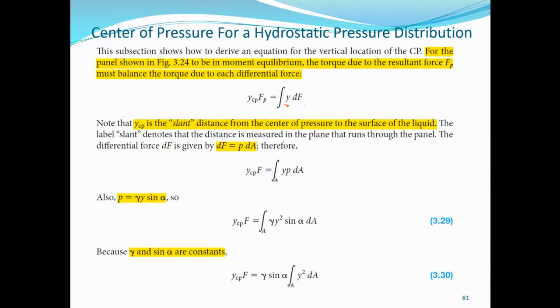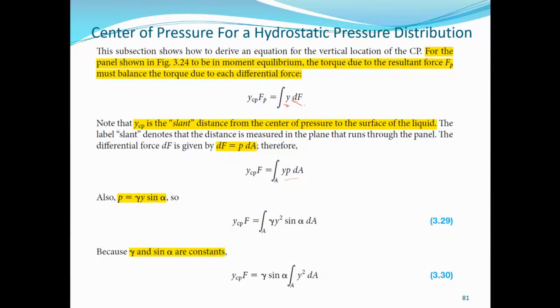The differential force dF is equal to P dA, because the pressure force is the pressure acting on that area times the area, which is dA in this case. So now substituting dF as P dA, we have this.